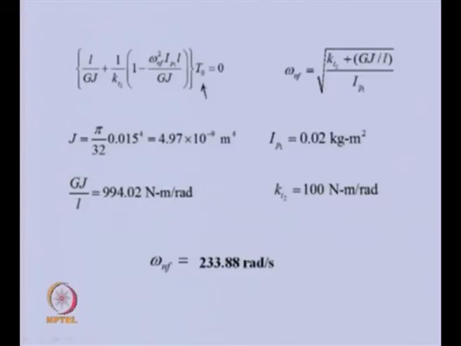As such, these two springs, in the form of the actual spring and in the form of the shaft, are basically connected in parallel. So that's why their stiffnesses get added directly, and this is the polar moment of inertia of the disc.